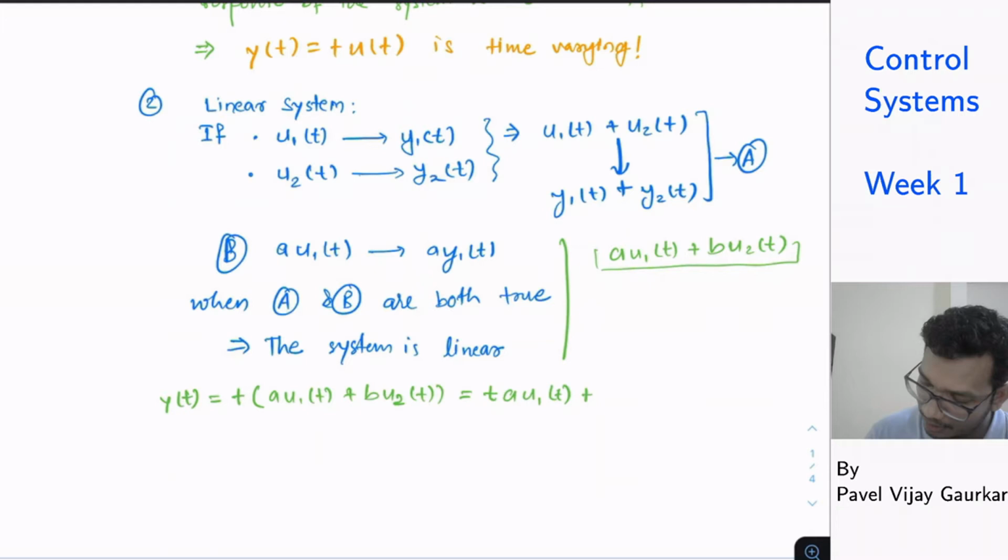Now if we look at these two terms in the brackets, it is essentially A into y1 of t plus B into y2 of t. So y of t equals A into y1 of t plus B into y2 of t, which implies the system is linear.